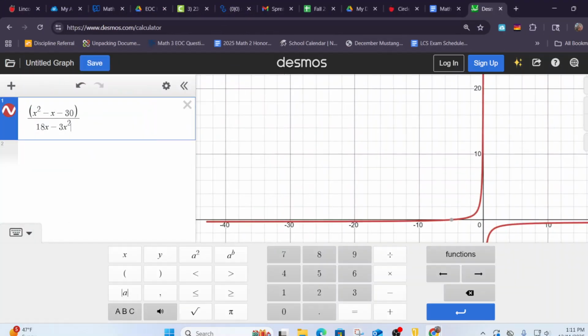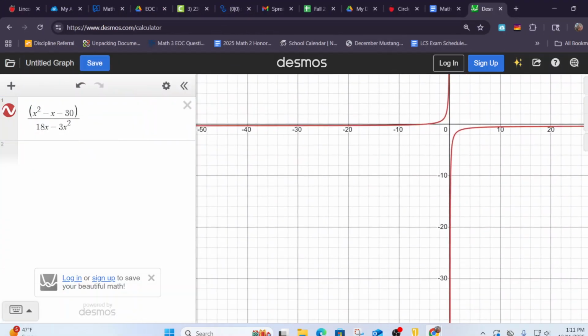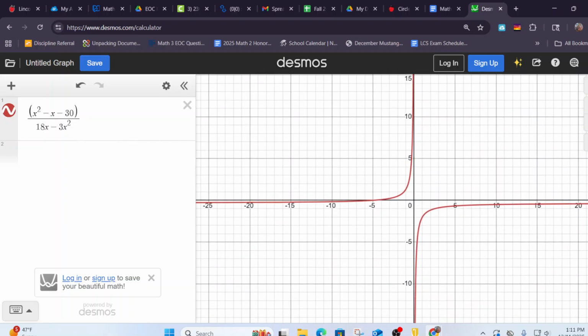Does anybody remember what causes the graph to do this?